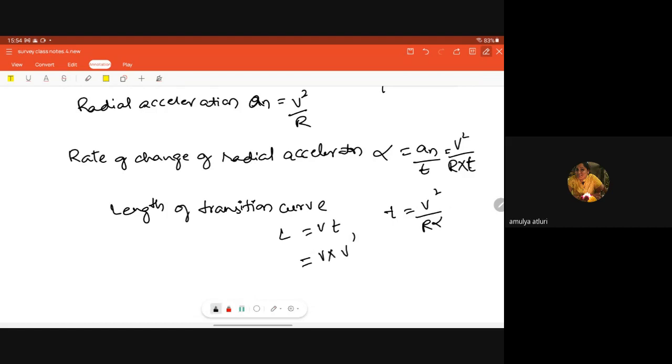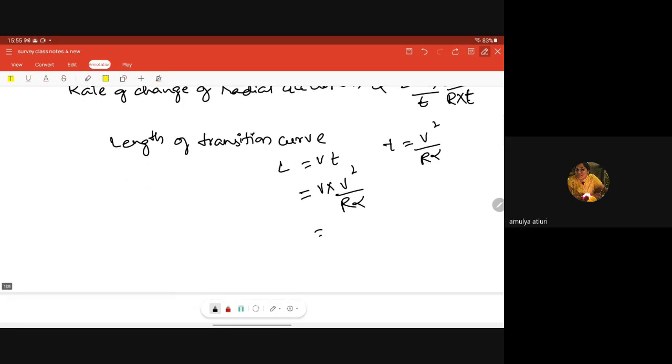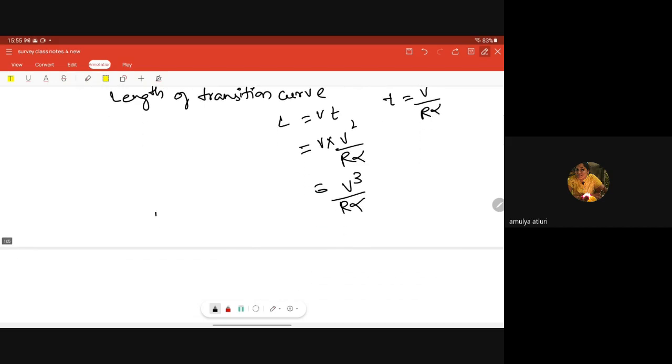So v into v square by r alpha. So it is nothing but v cube by r alpha. So the length of transition curve considering the rate of change of radial acceleration, this is the formula. L is equal to v cube by r alpha. V is in meters per second. Okay.